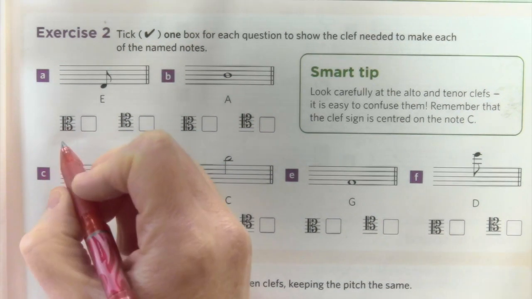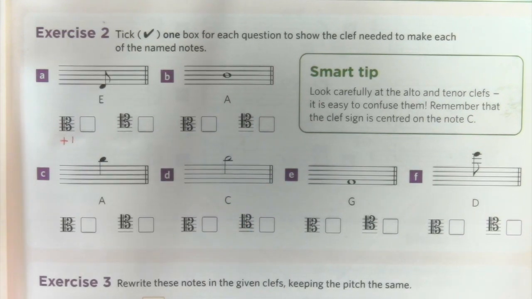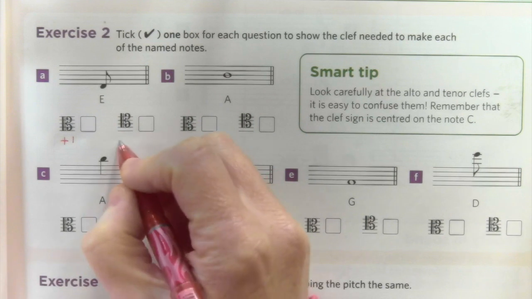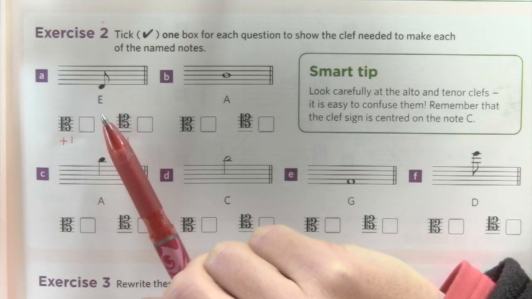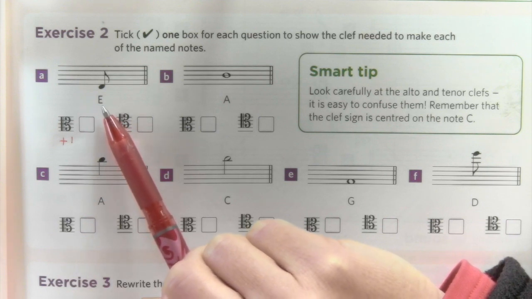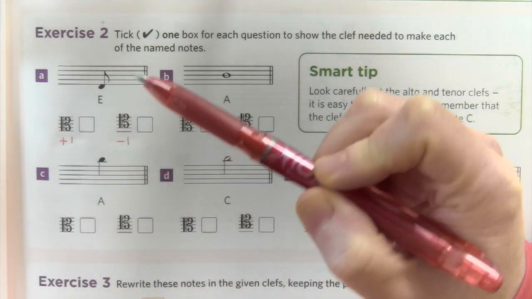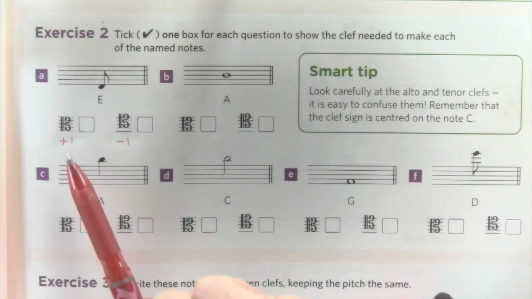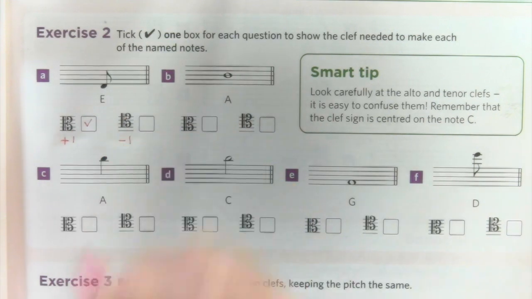The alto clef is treble clef plus 1. And the tenor clef is the treble clef minus 1. So this note in the treble clef would be D, Re. But because it's called E, we've gone one note above. So that is plus 1, which means that the right clef here would be the alto clef. So we tick this box.